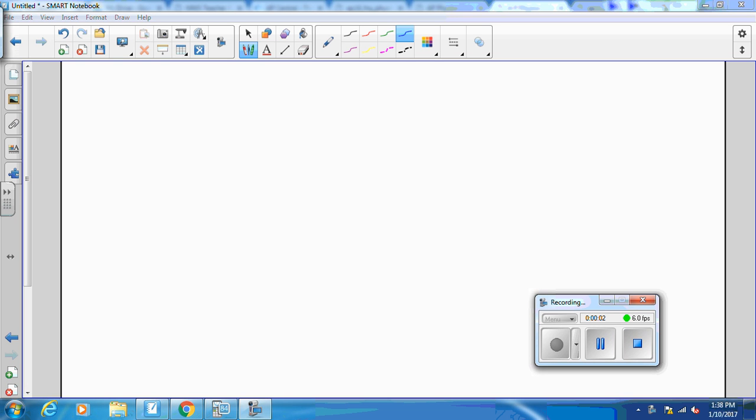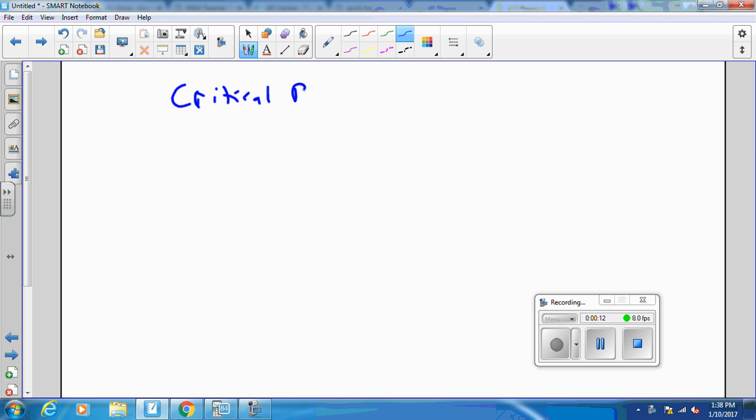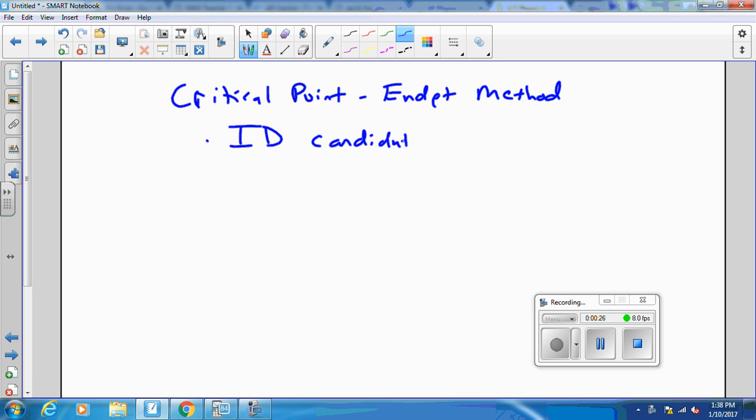So today we're going to talk about a second method for finding absolute maxes and mins. Our critical point endpoint method, as you recall, amounts to, first of all, identifying the candidates, which are the critical points and endpoints.